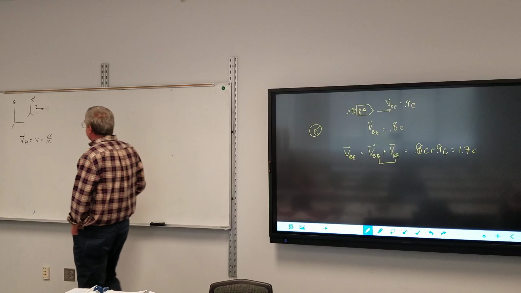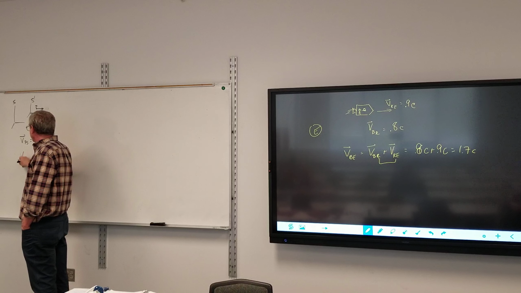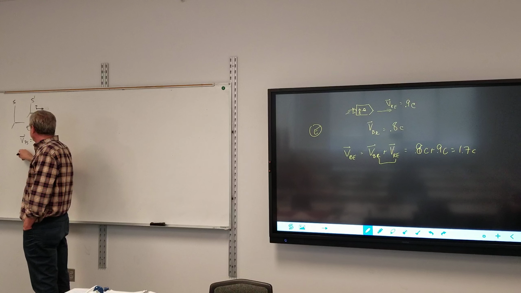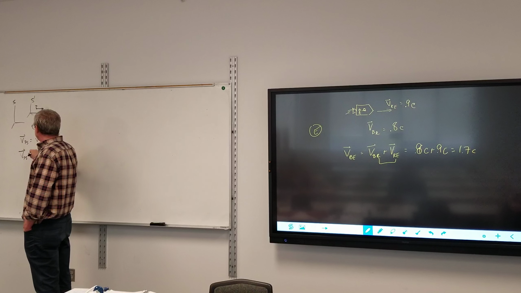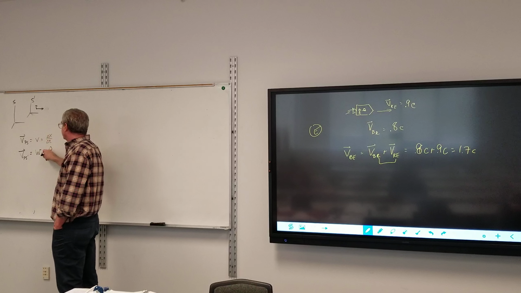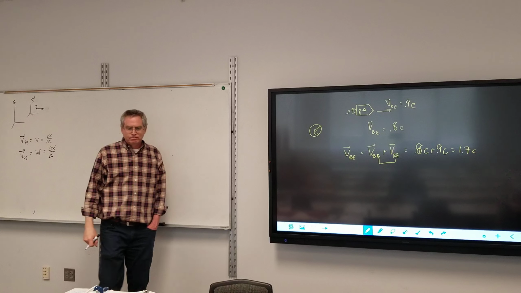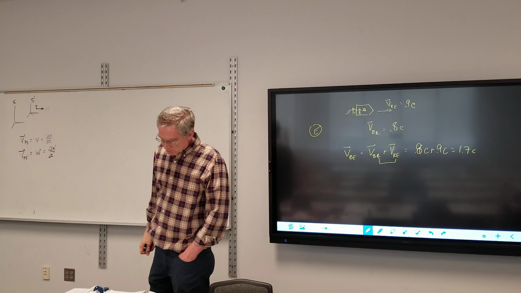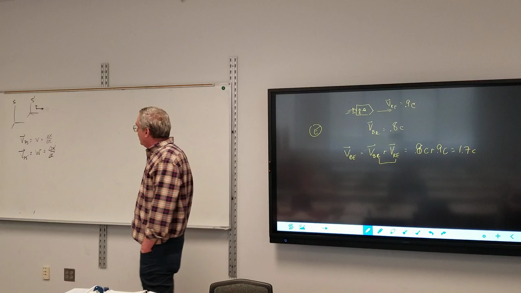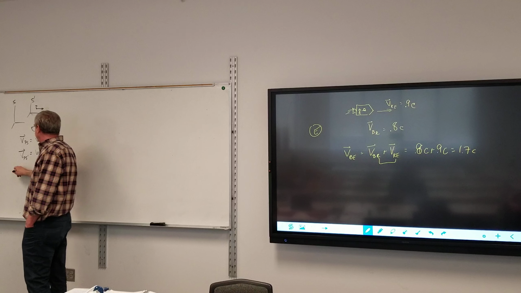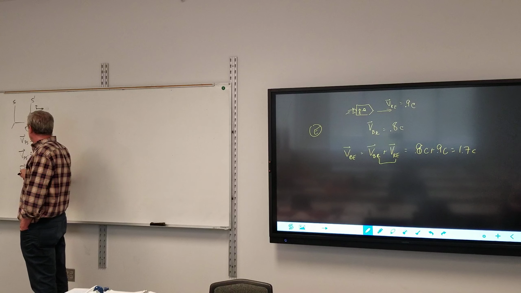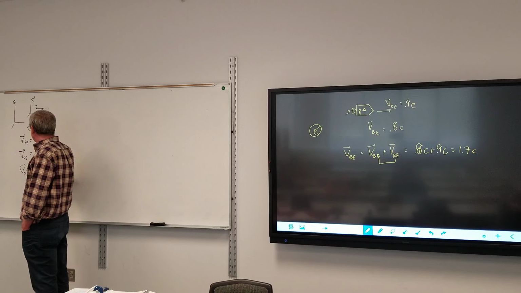From the S prime frame, the velocity of the particle, they say, is w, which is just x prime over delta t prime. And finally, the velocity of S prime with respect to S, we're going to call u.